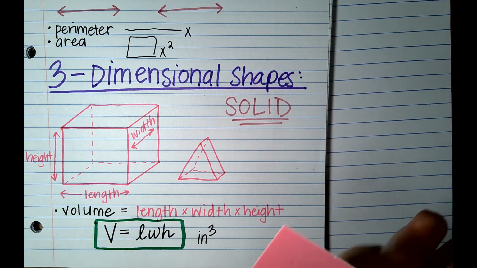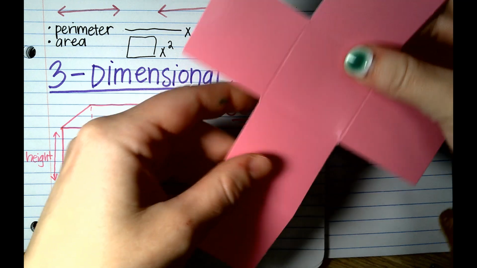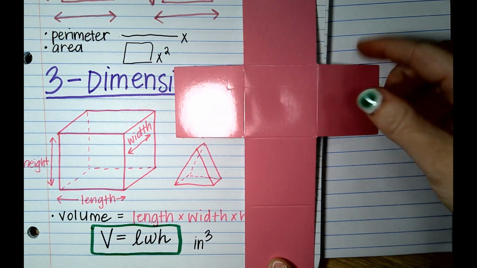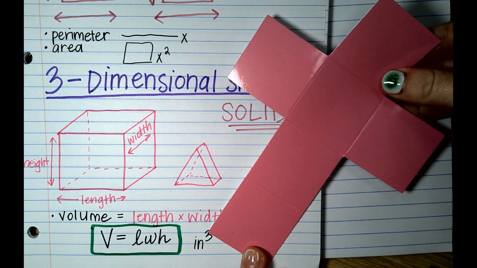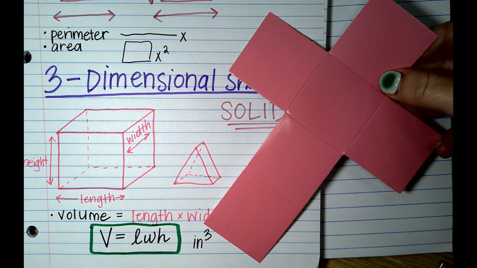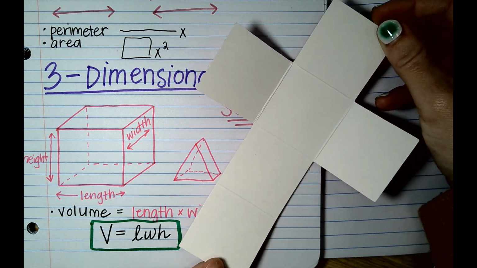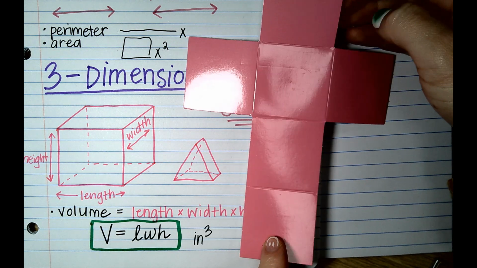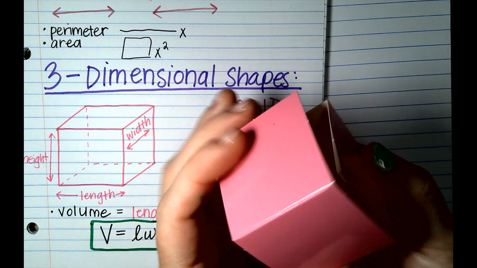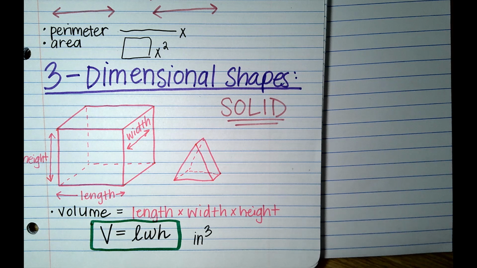If I open up my cube and lay it out, now we have the net. This is called a net. Basically, it's all the two-dimensional pieces, the faces, that create a three-dimensional shape. Today we're going to do some experimenting with these nets and making our own three-dimensional shapes. We're going to end up folding these up and creating shapes today. So I'll put that up.